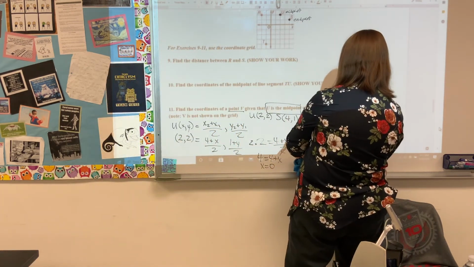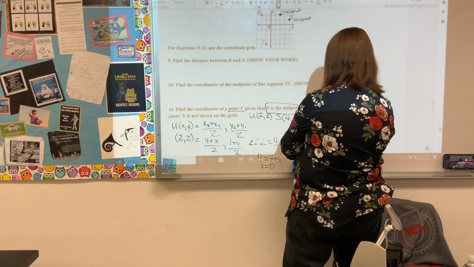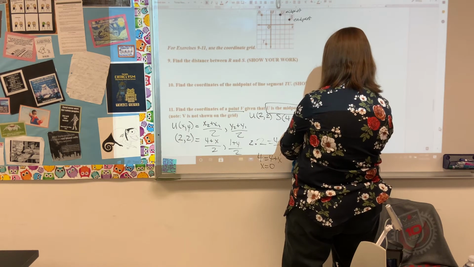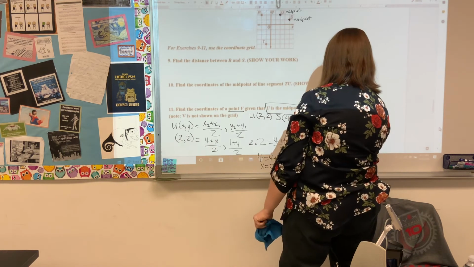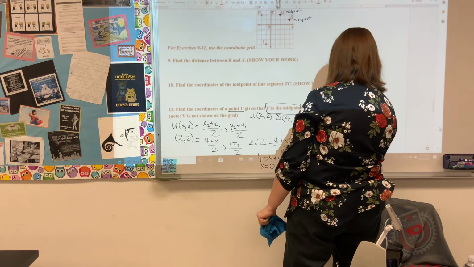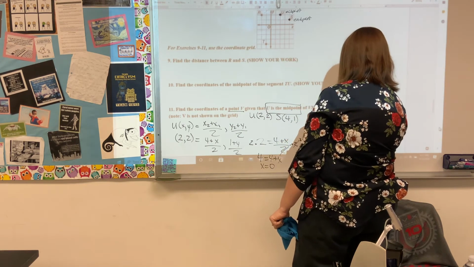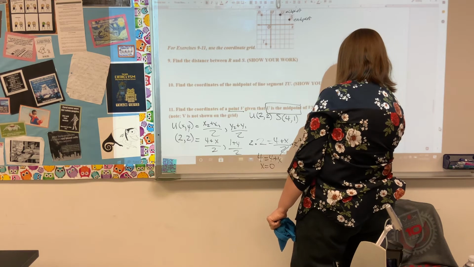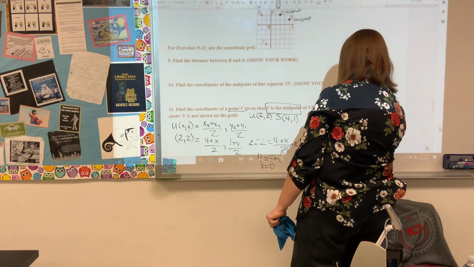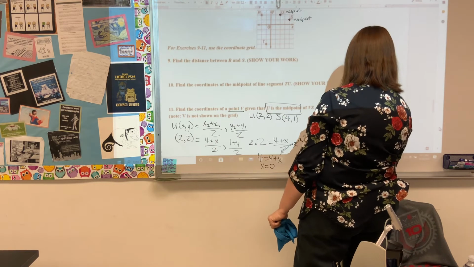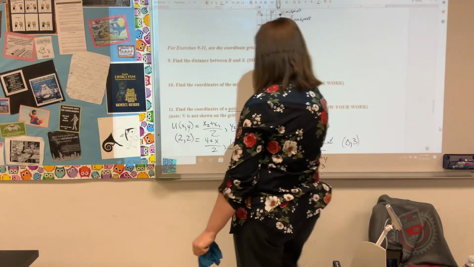Okay, once again, be careful. Multiply both sides by 2. I have 4 is equal to 1 plus y. Y is equal to 3. So I should end up with coordinates of 0, 3.